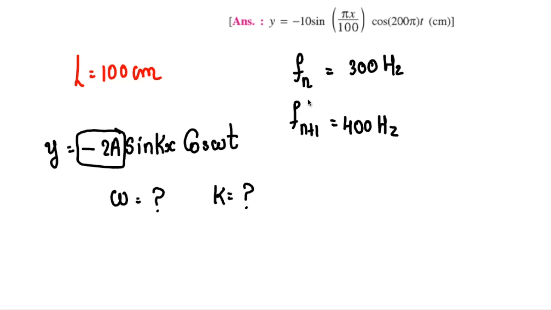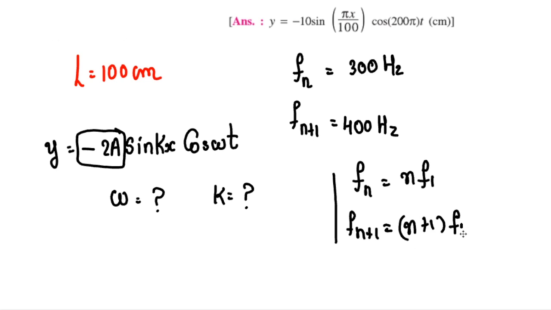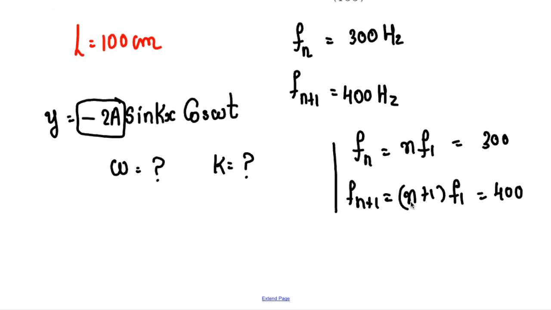Now what is the relation between fn and f1? I showed you in example 8 that Fn is equal to n into F1 and Fn plus 1 is equal to n plus 1 into F1. Now this is given as 300 and this is given as 400. Taking the difference, I can say that n plus 1 into F1 minus n into F1 is equal to 400 minus 300.